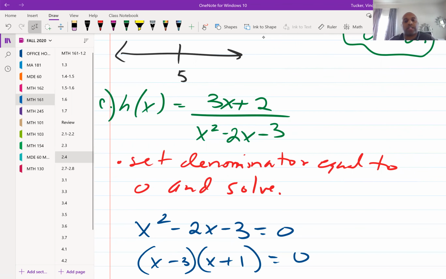Next one, we have 3x plus 2 over x squared minus 2x minus 3. Once again, we have a rational expression, so we'll set the denominator equal to 0 and then solve.